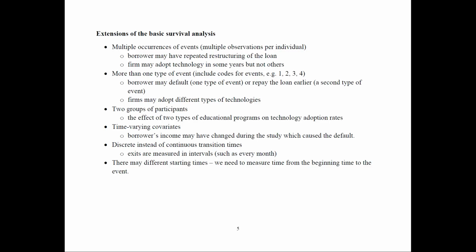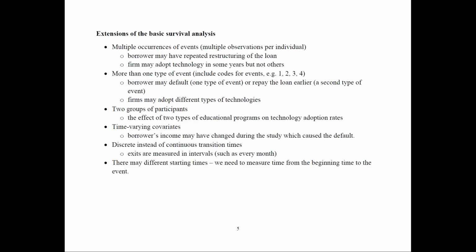So for example, someone may be at risk for defaulting, and they may negotiate the terms with the bank so that they have their loans restructured, and they enter back in the data as performing as agreed. Or a firm can adopt technology in some years but not in others. So this is when we're going to have multiple occurrences of events, and statistical software could usually handle those situations.